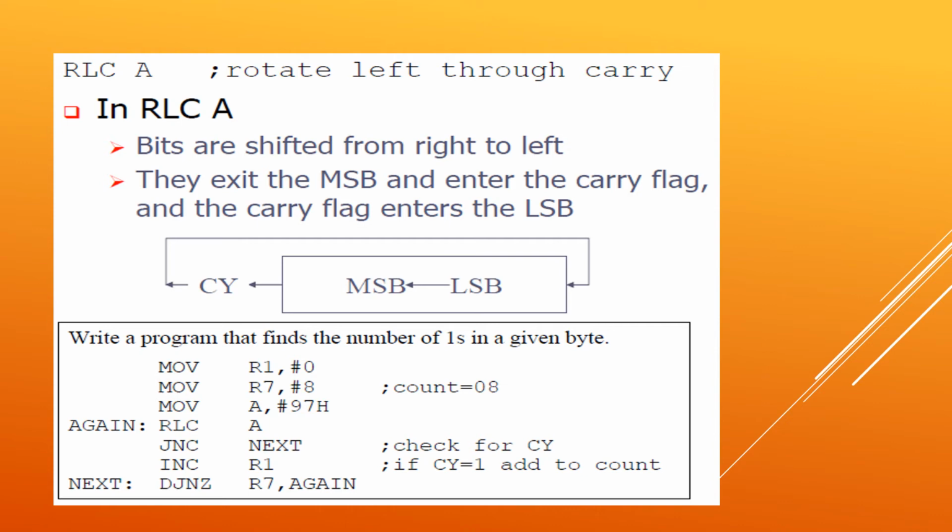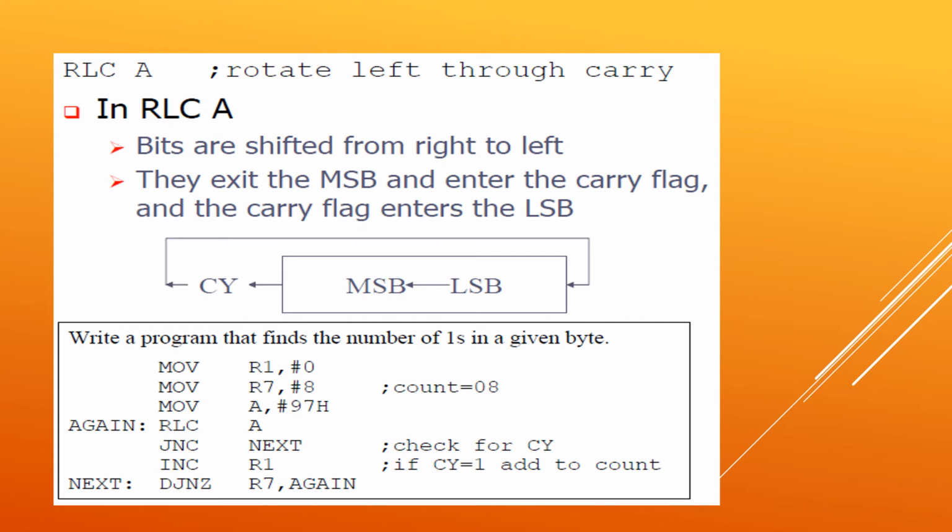And if carry is set, then in the loop, see the instruction INC R1. So whenever carry is not set, it will directly come to the next line DJNZ, that is decrement the counter. Where is the counter set? In the R7 register. So in front of DJNZ I have written R7, comma, again. So R7 is going to get decremented.